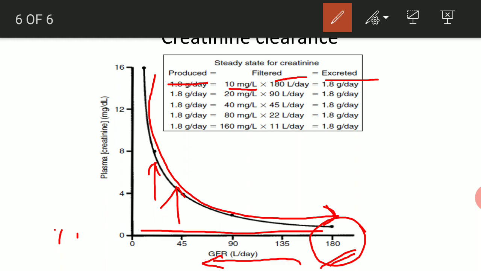And suppose your GFR is decreasing, so what will happen? Your creatinine level will go sky high, 16 milligram per deciliter or 160 milligram per liter.